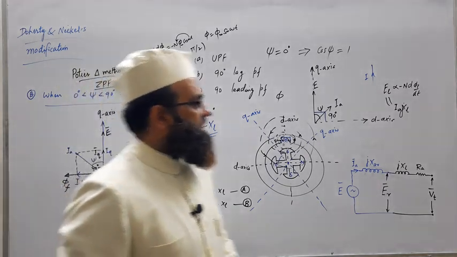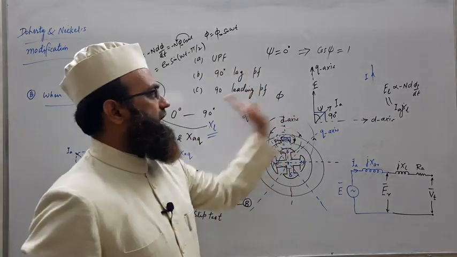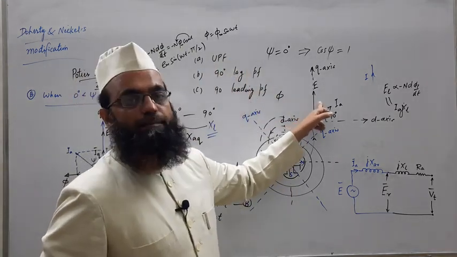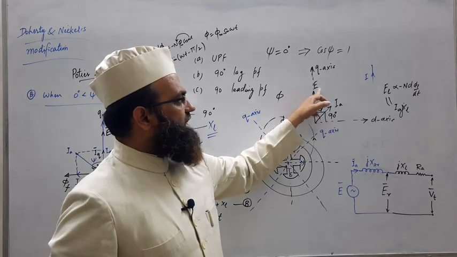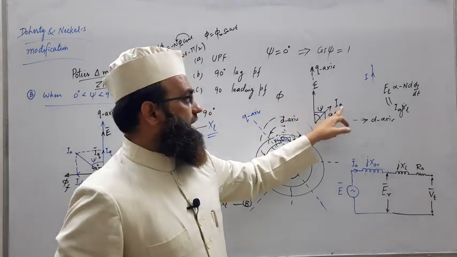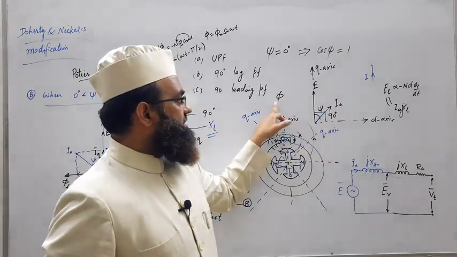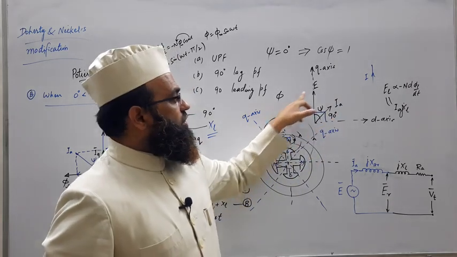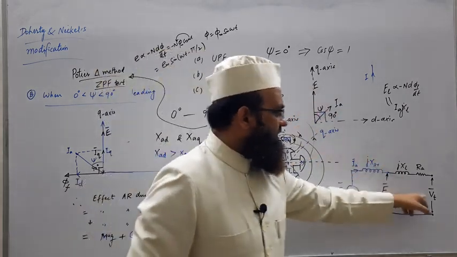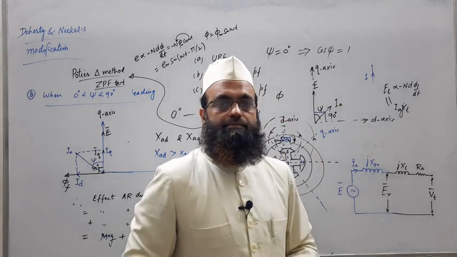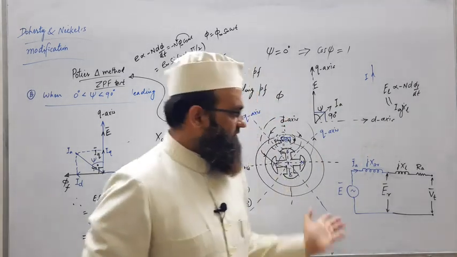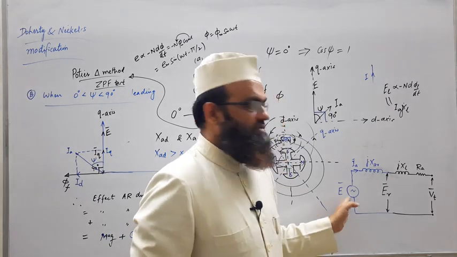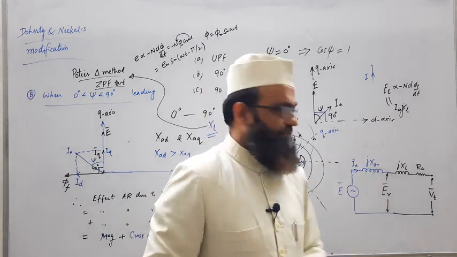So I think you can easily distinguish between these two: the internal power factor angle is between the internal induced or excitation EMF and armature current, whereas this power factor angle is not between E and I, but between VT and IA. Fine. As we discussed, VT will be different than this once the alternator is loaded.